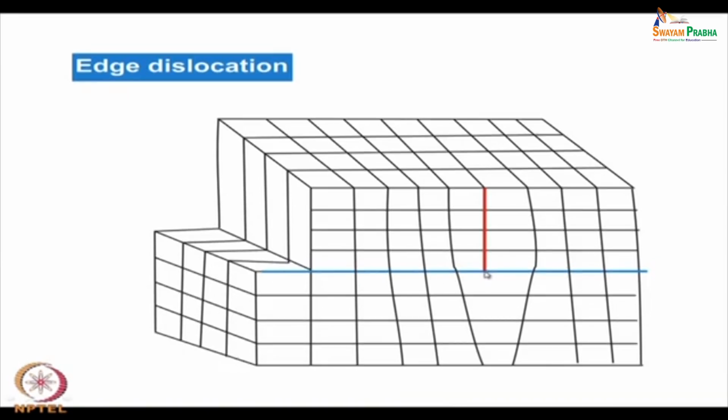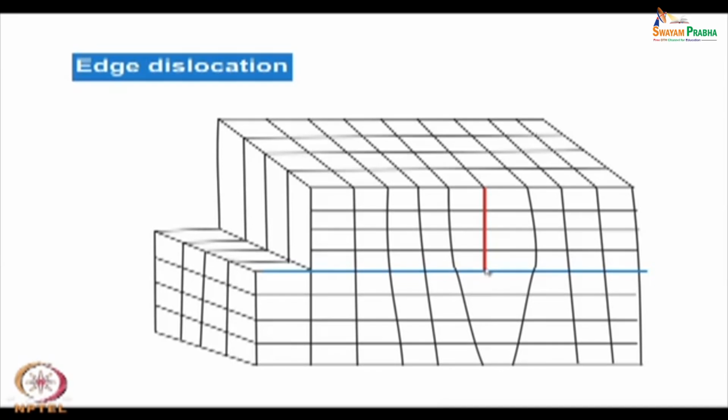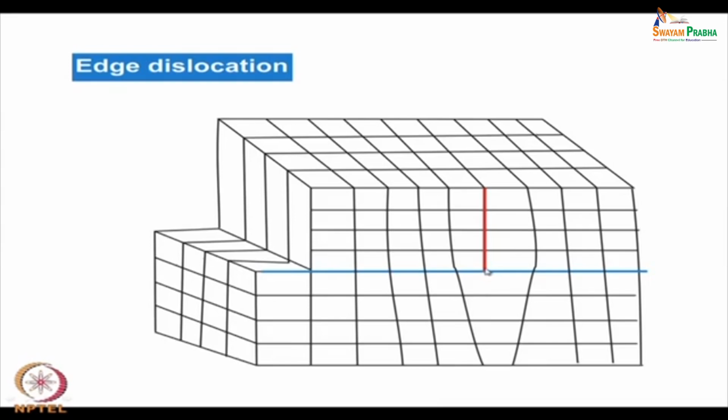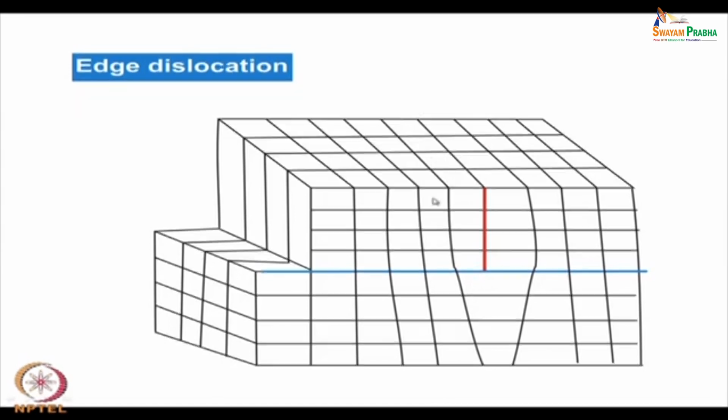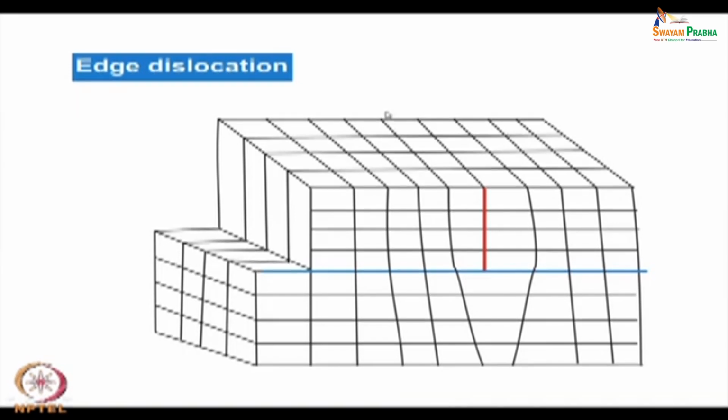So, the dislocation is defined as a boundary. On this diagram it is actually a point. The line runs along the depth of this crystal, so the line is away from us.